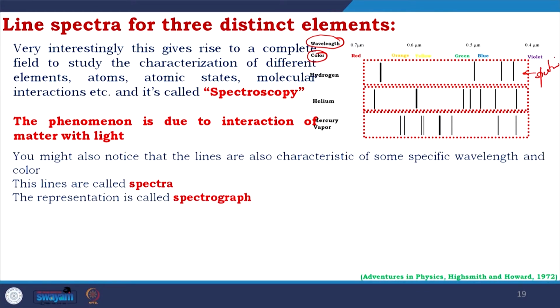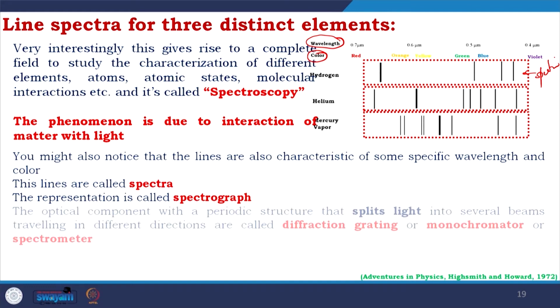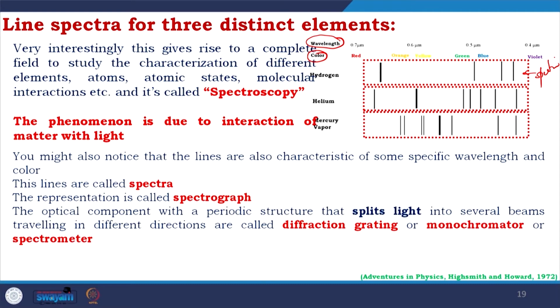The representation of the lines is called spectrograph. The optical component with a periodic structure that splits light into several beams traveling in different directions is called diffraction grating or monochromator or spectrometer.